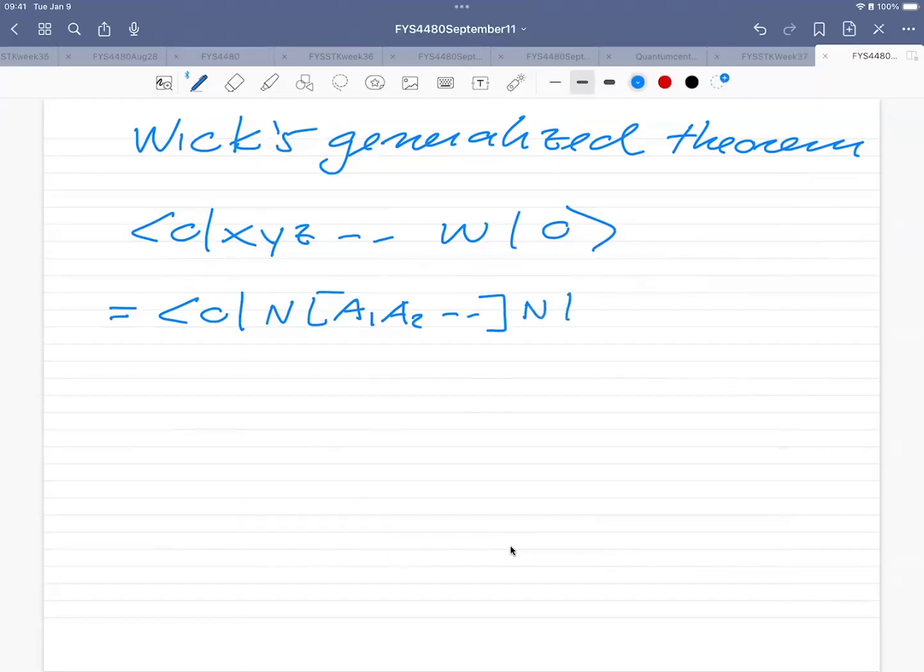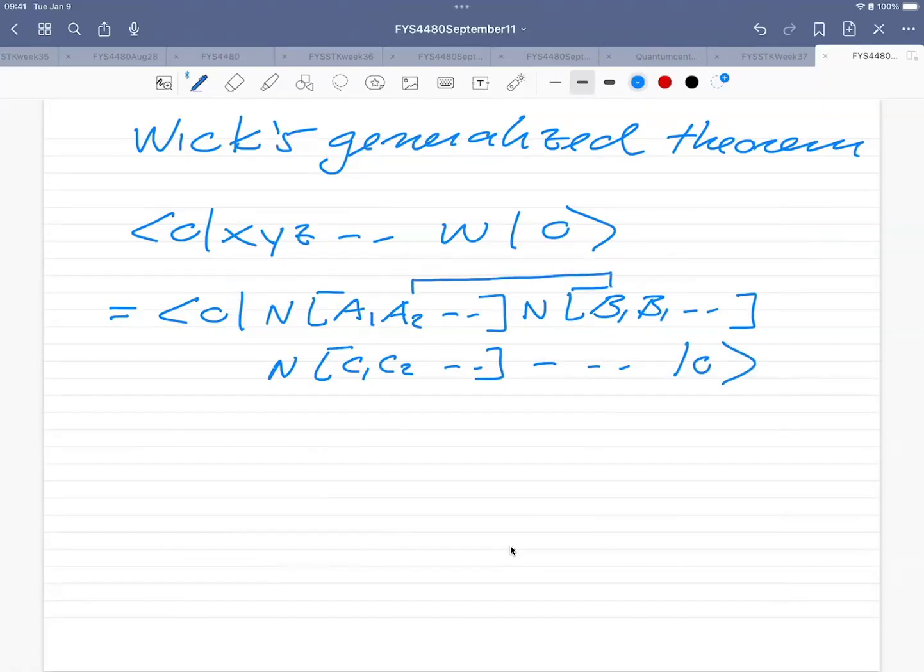Then there can be a new string of normal ordered operators, which we last time labeled B1, B2, up to some operator. And then we can continue with C1, C2, and this could continue. Now the only terms which survive are the terms where we have contractions between the operators, but the contractions inside the operator are all zero. So we would have contractions like this, this goes on, so all these are contracted.